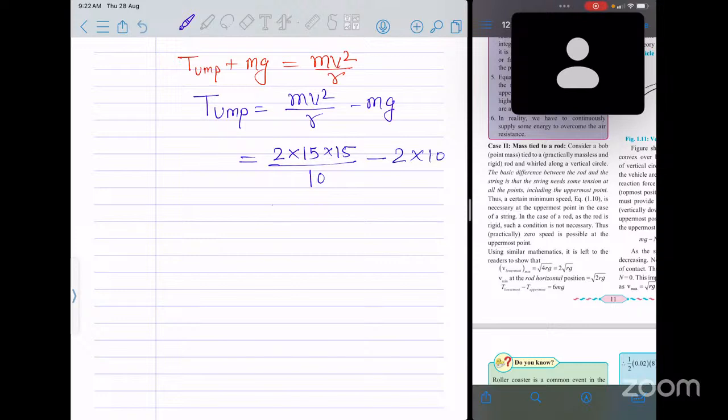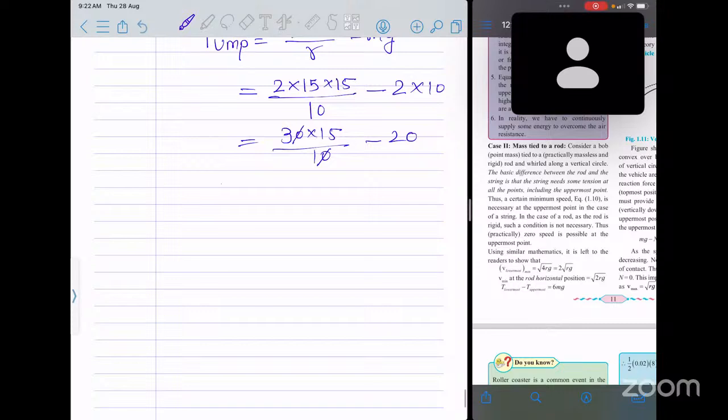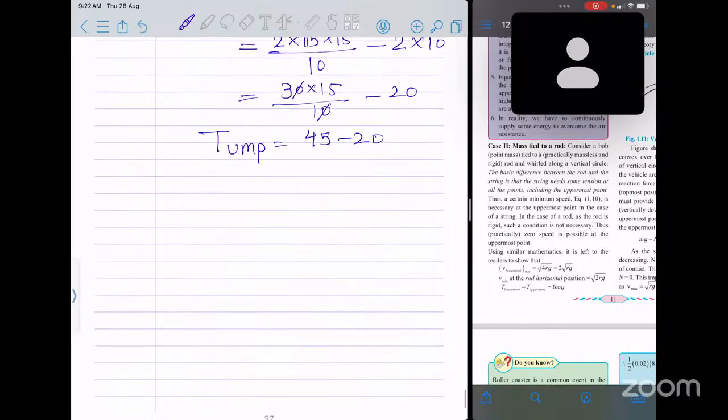So this will become 15 into 2, 30 into 15 by 10, minus 20. Yes or no? So tension at uppermost point, which is not 0 in this case, is 45 minus 20. So tension at uppermost point will be 25.